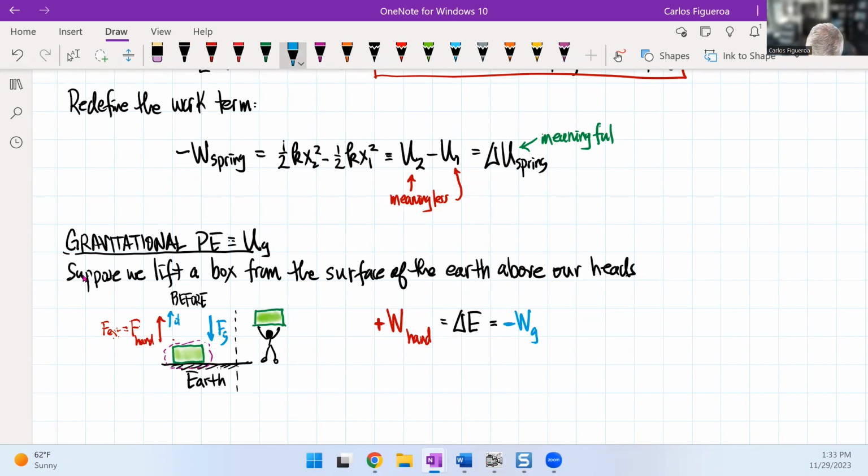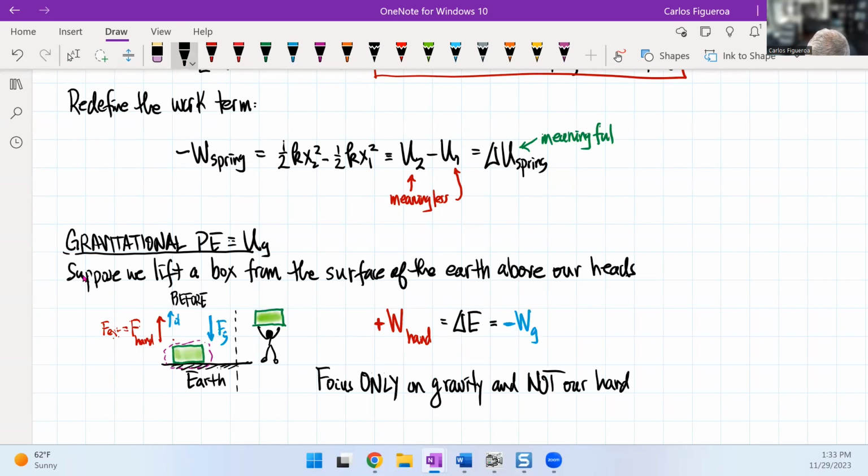In a very similar situation, what we do here is focus only on gravity and not our hands.